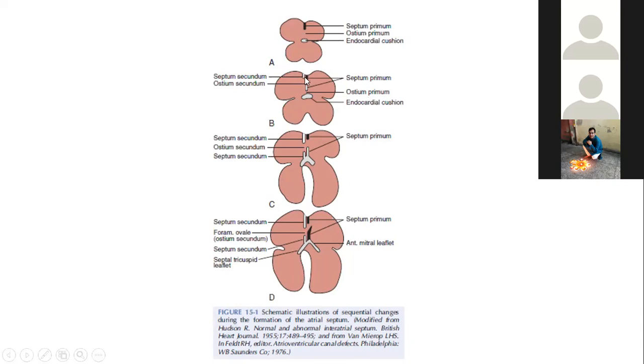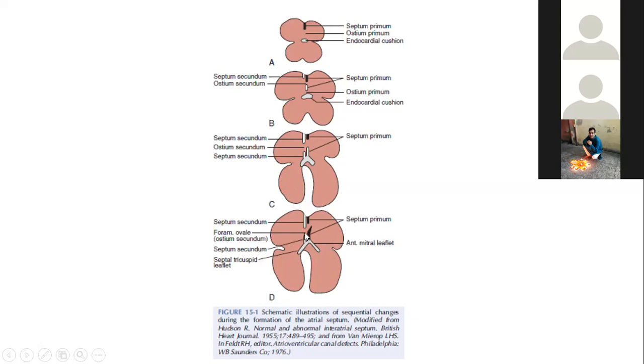Parallel to the septum primum, another septum grows downwards, which is called the septum secundum, and the gap in the septum secundum is called the ostium secundum. The septum secundum overgrows the septum primum, the septum primum ultimately resolves, and the septum secundum forms the true atrial septum that we see.